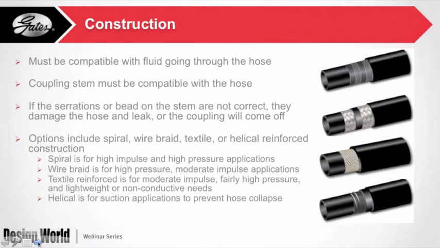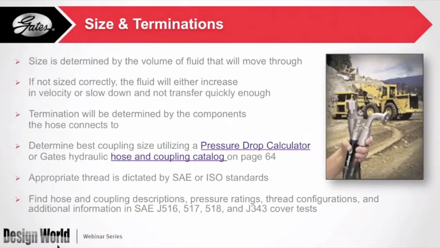Size and termination. Size is going to determine the volume of the fluid that will move through the hose. Remember, if you're taking the size of the coupling and jumping it down or up in size, you can change the characteristics sometimes of how that piece of equipment is going to work, or the predictability of the flow of that fluid going through.